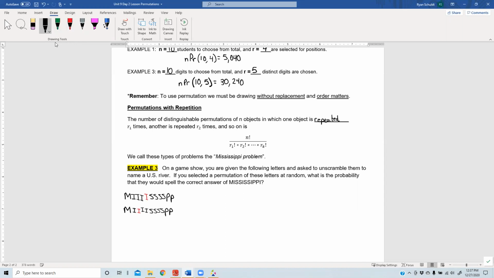If I wouldn't have changed and made it look like, oh wait, he switched the 2 I's, because I have one I that's red. What would you think about these 2 arrangements? Would they be any different? If it was all written in black, would you be able to tell the difference?